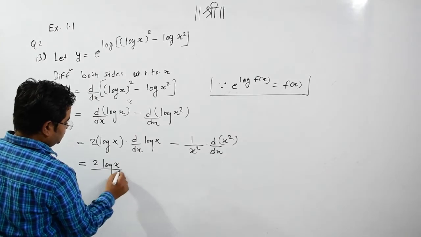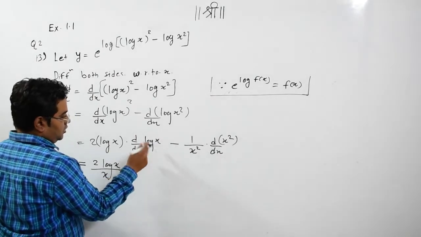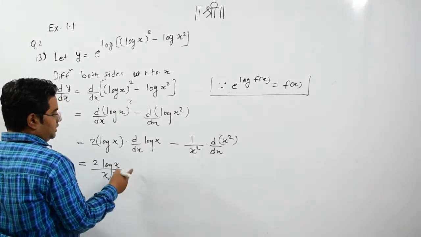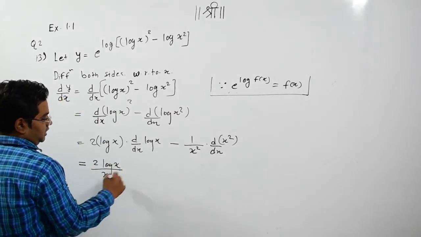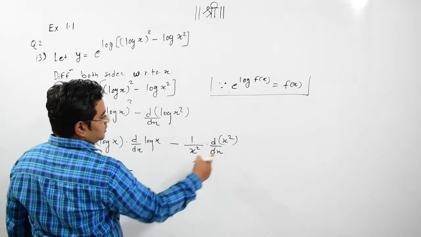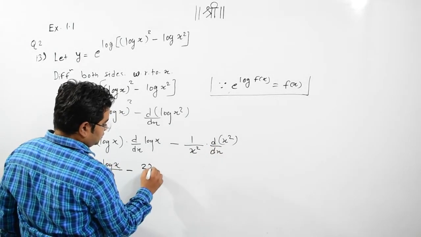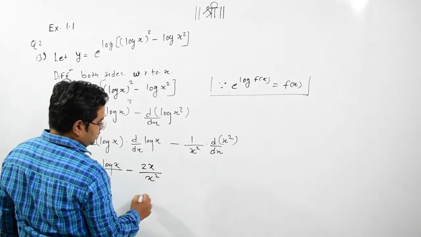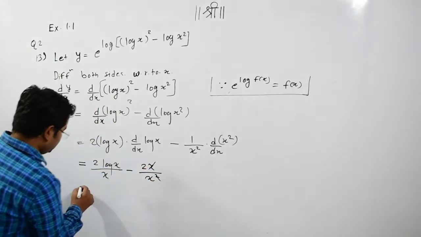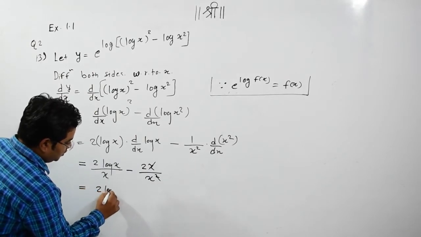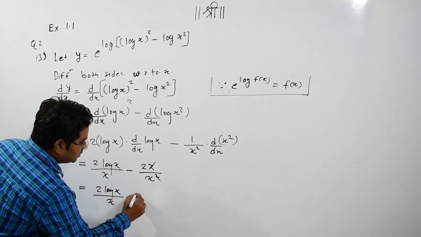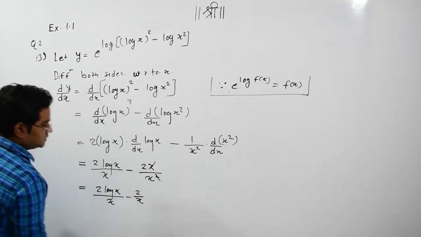What is the derivative of this? Log of x derivative is 1 upon x, and again x derivative will be 1, so no need to write it. So I am directly writing 1 upon x, minus, what should this derivative be? This will be equal to minus 2x upon x square. So this x and this x square will get cancelled. So our final answer will be like this: 2 log of x upon x minus 2 upon x.